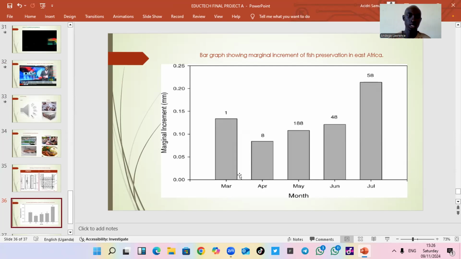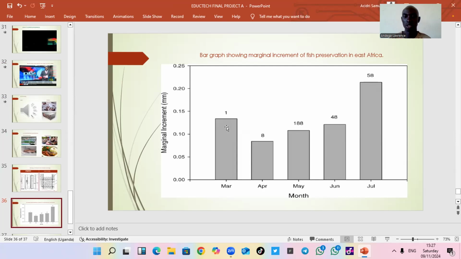So we can see from this marginal increment that from March, the increment was 1. So that means the preservation of fish was so high. And then here, in April, it was 8. And then in the month of May, it was 188.